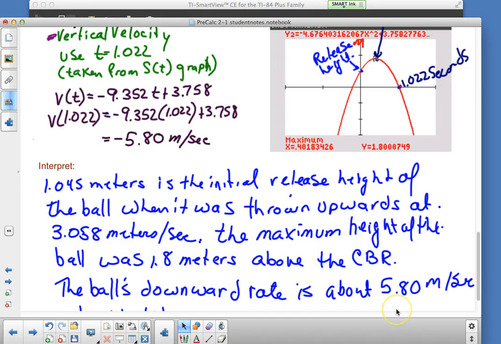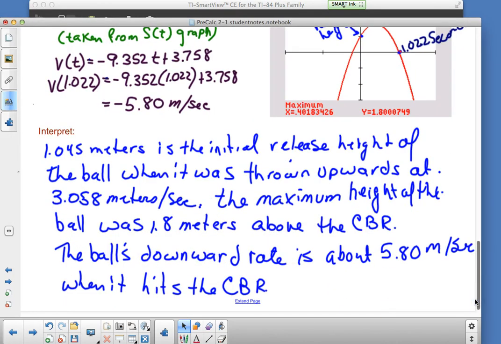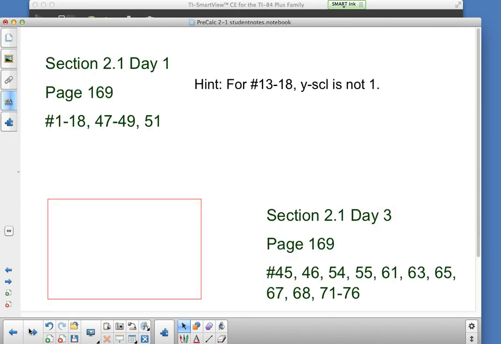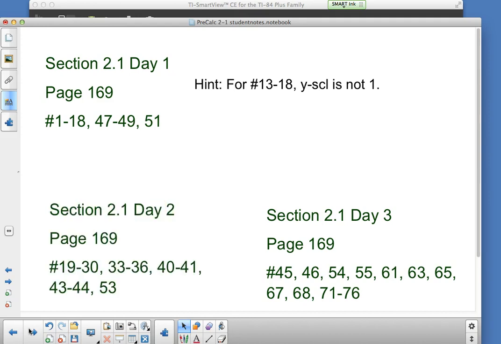Now, with all that said and done, we are done. Today's assignment is day 3, and I think that's the one I've got going on there. And we have day 2. I'm just going to make sure you guys get that up too, just in case you didn't have that up. So we've gone through day 1, day 2, and day 3 of 2-1.